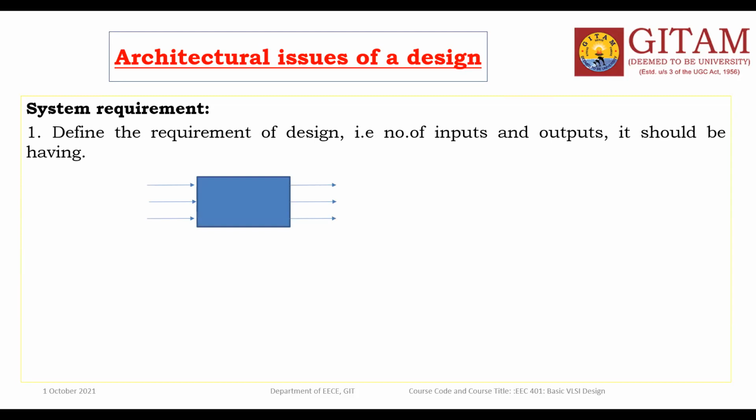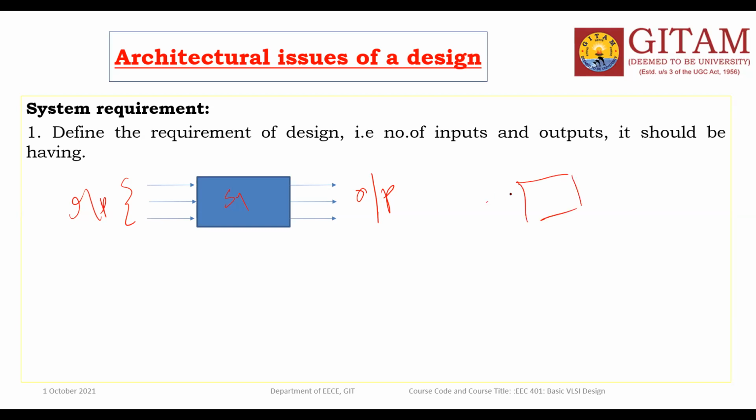Here, let us say this is my system. These are the inputs and these are the outputs, maybe 3 inputs and 3 outputs, like that. For example, if you go to design a half adder, first draw one box.